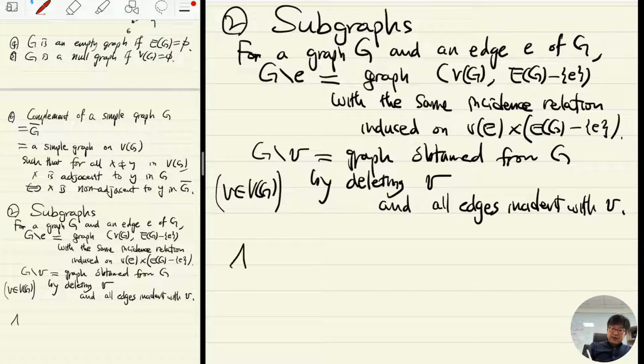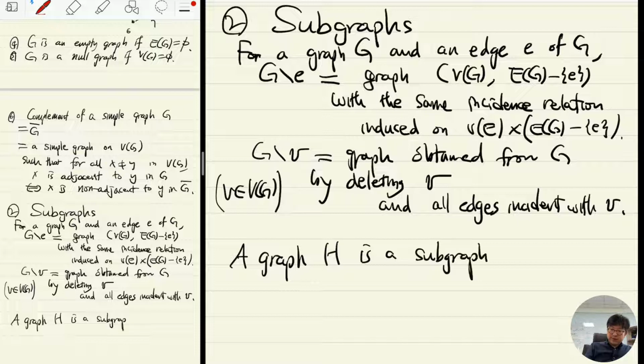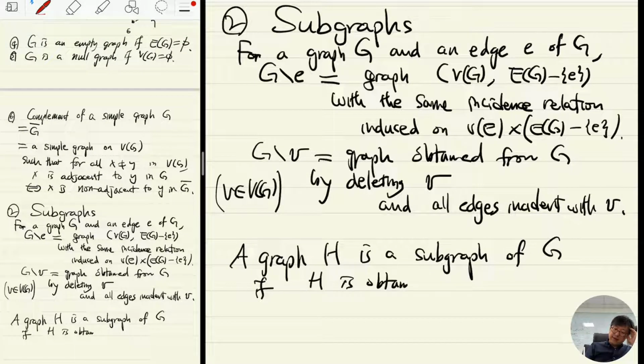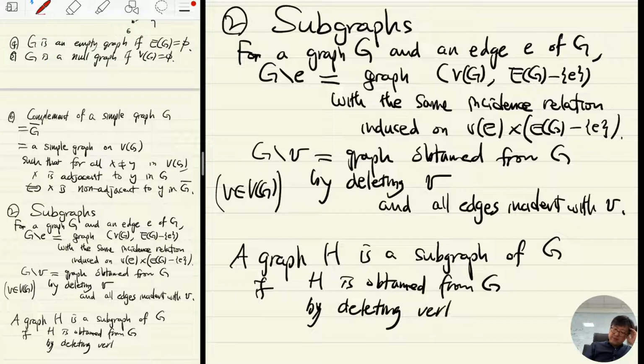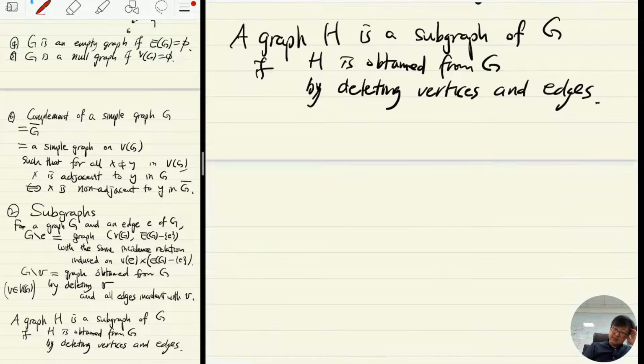And then we say a graph H is a subgraph of G if H is obtained from G by deleting vertices and edges. That's a subgraph.